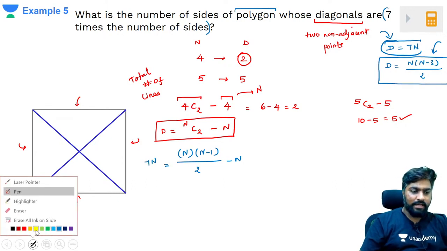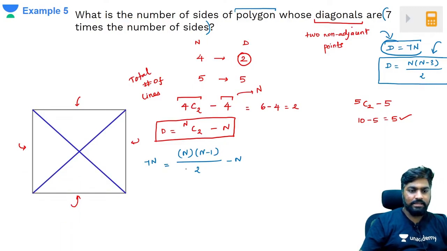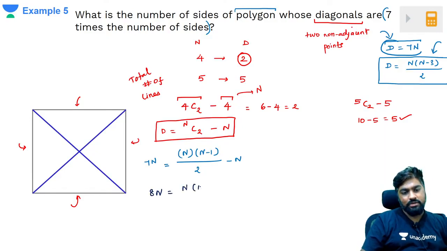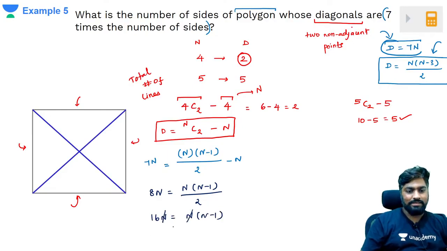So if I substitute that here, what do we end up getting? I bring this n to this side, 7n plus n is 8n, which equals n into n minus 1 by 2, or 16n is equal to n into n minus 1. I can divide both sides by n, or cancel this off. I will get n is equal to 16 plus 1, 17. Cool.